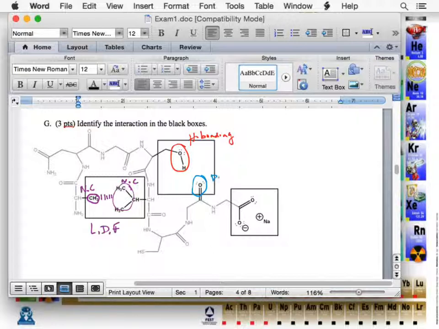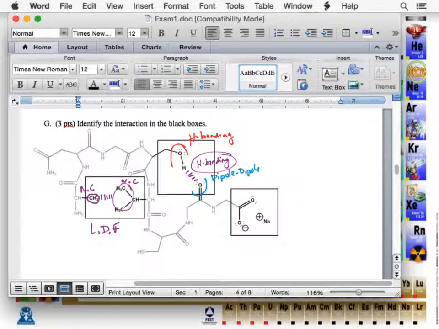We don't see hydrogen bonding coming directly out of that molecule because there's no hydrogen present on that molecule. But what happens when I look at the interaction between those two groups? Now I have hydrogen bonding because the other group is supplying the hydrogen for the hydrogen bonding interaction. Okay. Make sense? And so that's our answer.